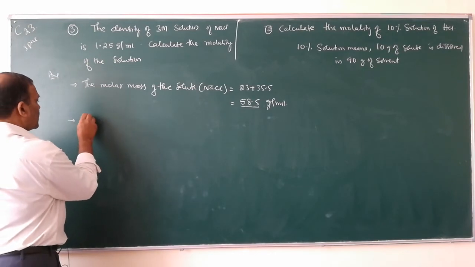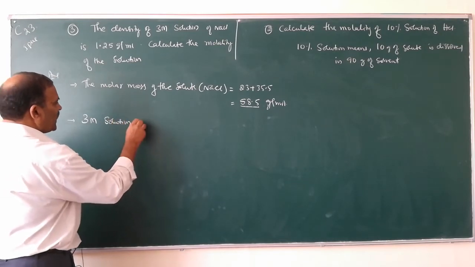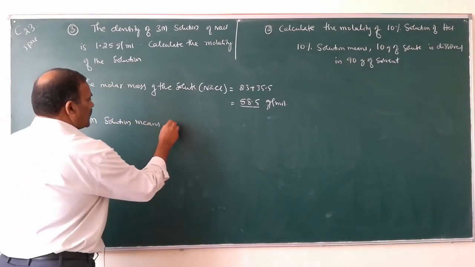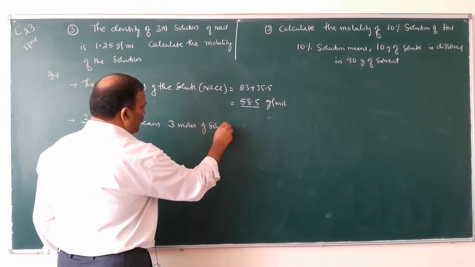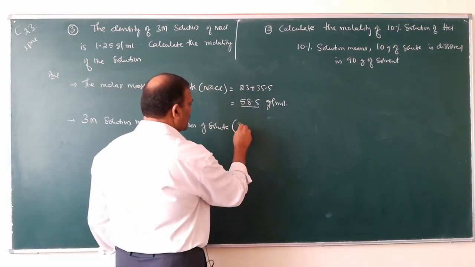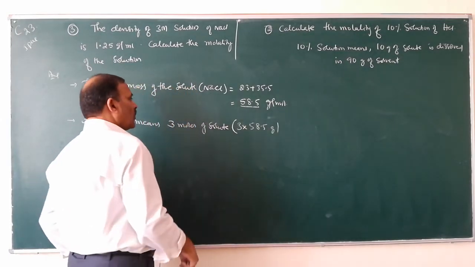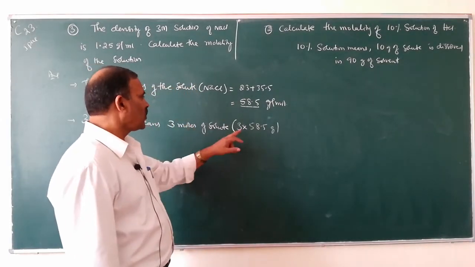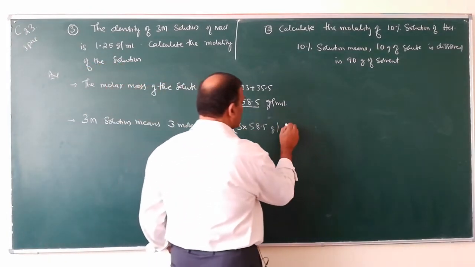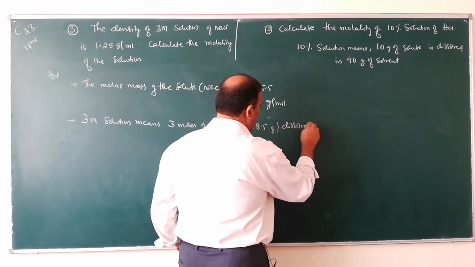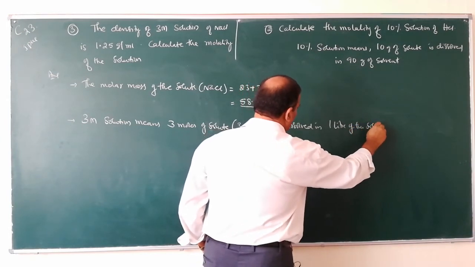Point number 2: 3M solution. 3 molar solution means 3 moles of solute. 1 mole means 58.5 gram, 3 moles means 3 into 58.5 gram, dissolved in 1 liter of the solution.